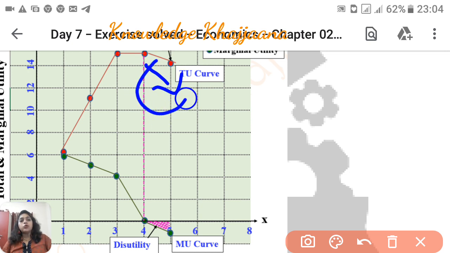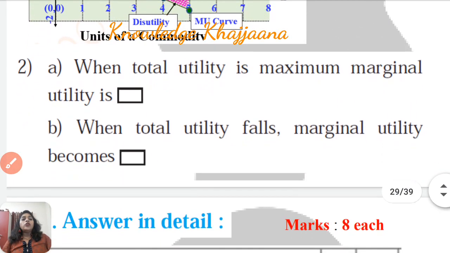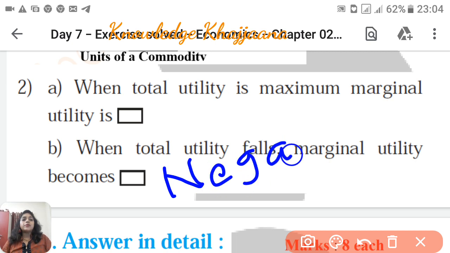In this portion, marginal utility is becoming negative, right? So the answer to this question is: when total utility falls, marginal utility becomes negative. You have to write like this, negative.